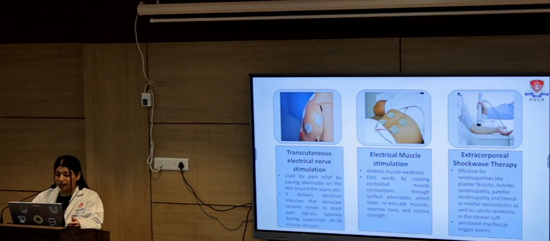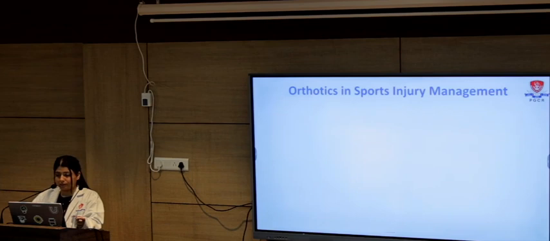Another advanced modality, extracorporeal shockwave therapy (ESWT), uses high-energy acoustic waves to stimulate tissue repair and regeneration, especially in chronic hard-to-heal conditions. ESWT is particularly effective for tendinopathies like plantar fasciitis, Achilles tendinopathy, patellar tendinopathy, also known as jumper's knee, and lateral or medial epicondylitis, along with chronic muscle injuries, including persistent myofascial trigger points.